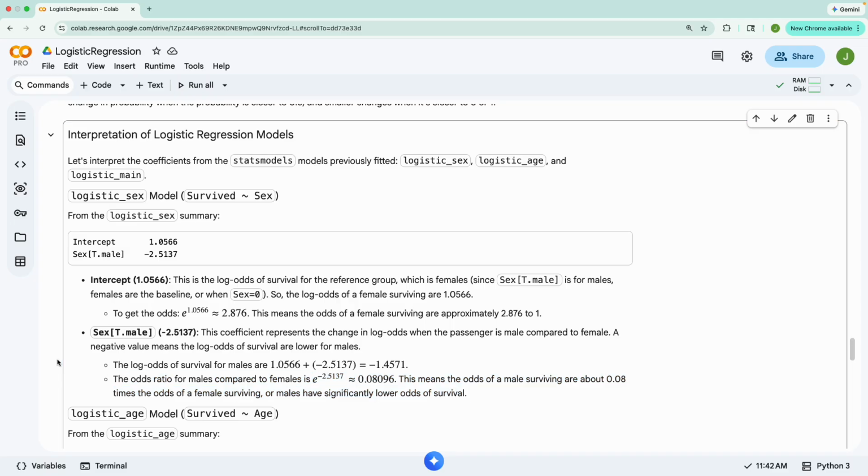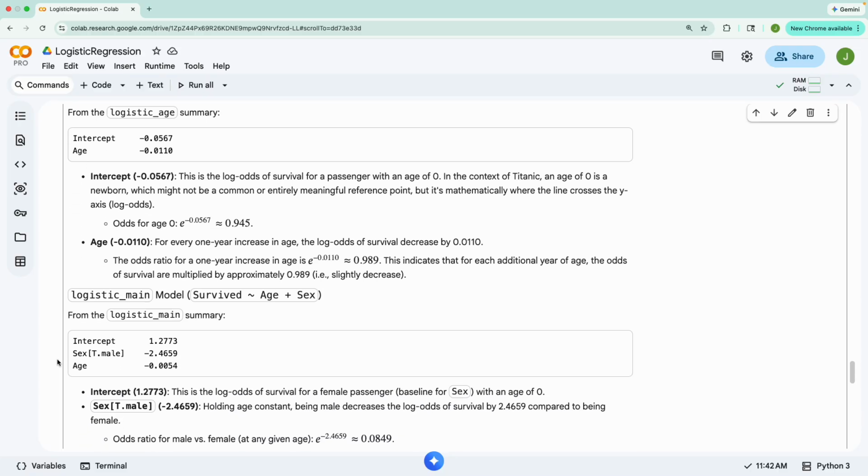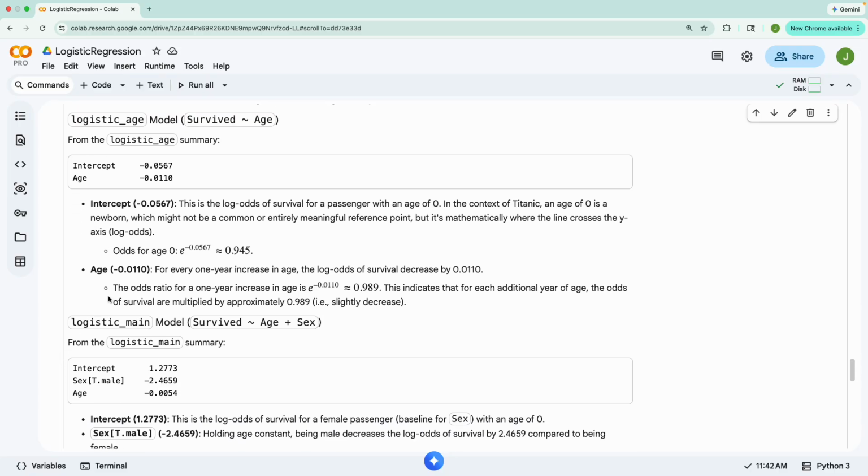So you can read over and check the other models. I do this for age. If you had an age model, you can interpret the coefficient of age, and that's why those confidence intervals are really useful.